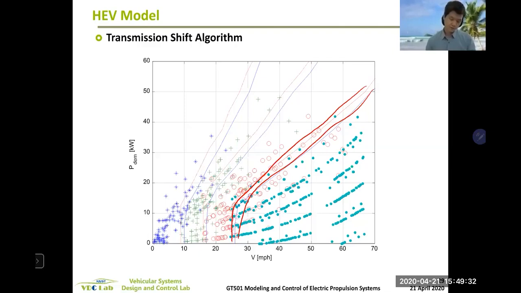For example, when we are increasing speed, accelerating, the vehicle will upshift at this point, but your vehicle speed may have this dip, right? But if you did not have hysteresis, you would upshift and downshift too frequently, right? So you need this hysteresis, some space between upshift and downshift.